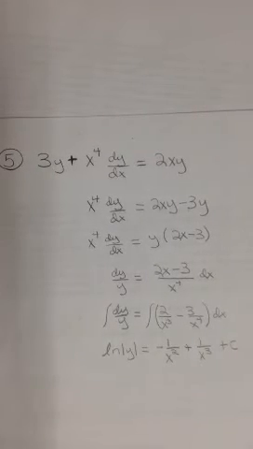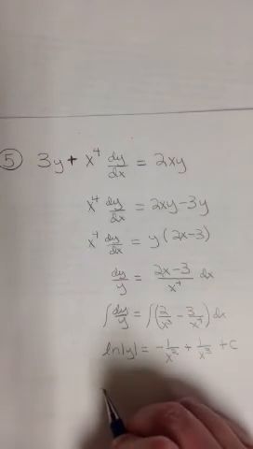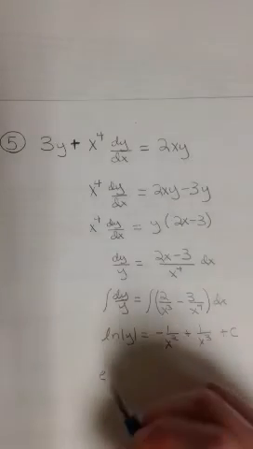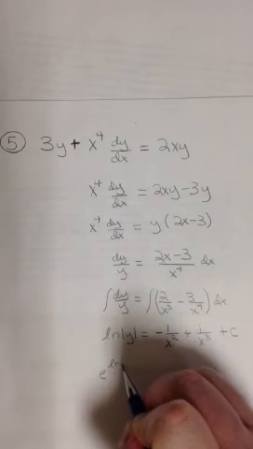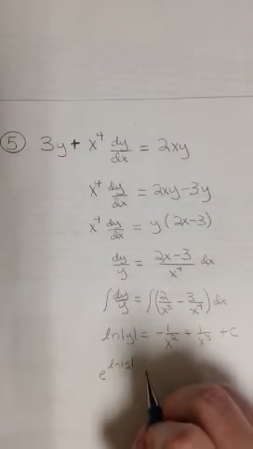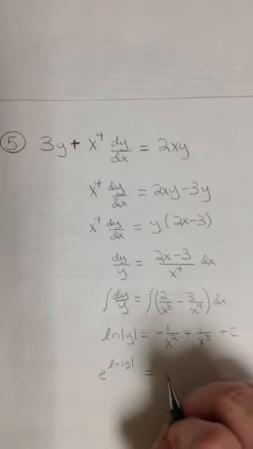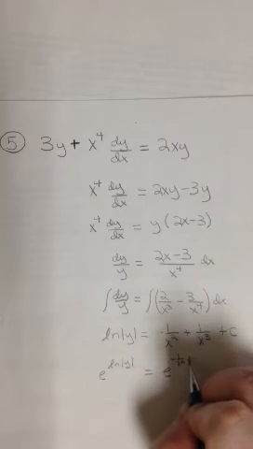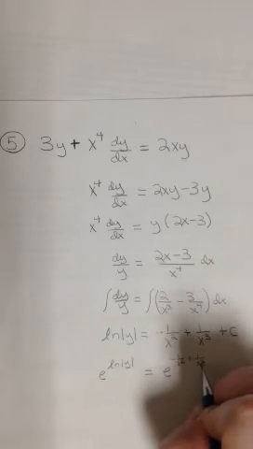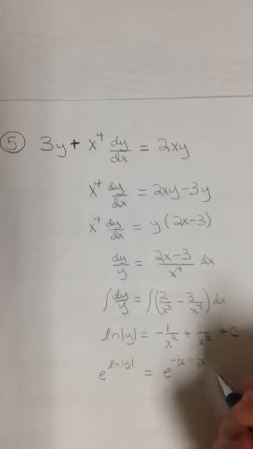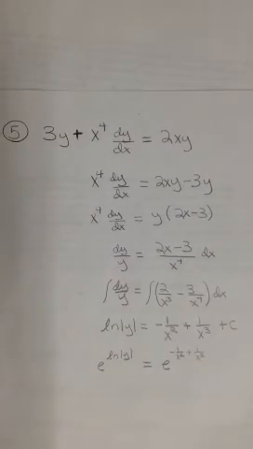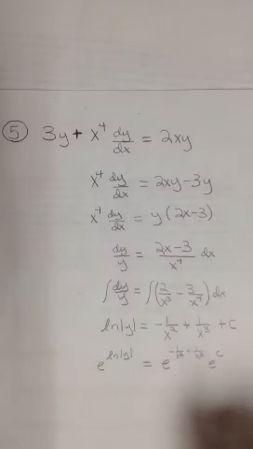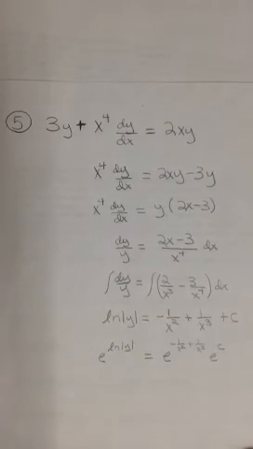And for freeing up y from the natural logarithm, we can use the natural exponential base e. So we have e to the natural logarithm of y is equal to e to the (-1/x^2 + 1/x^3), and you could say plus c, but in rewriting, working with the product property of exponents, we have times e^c, which itself will be a constant.